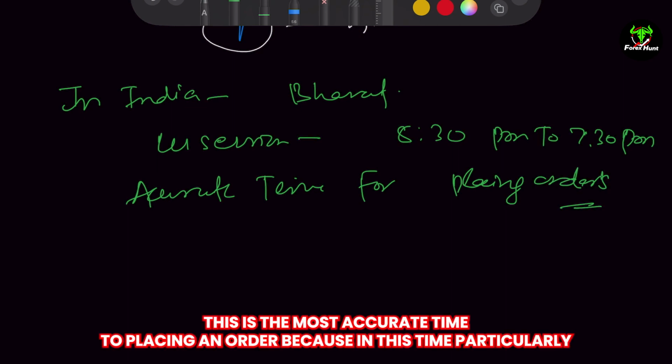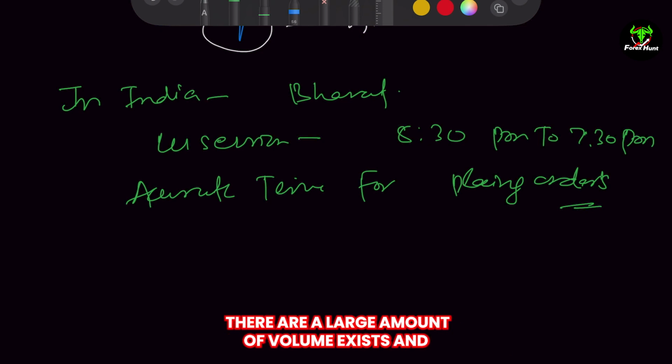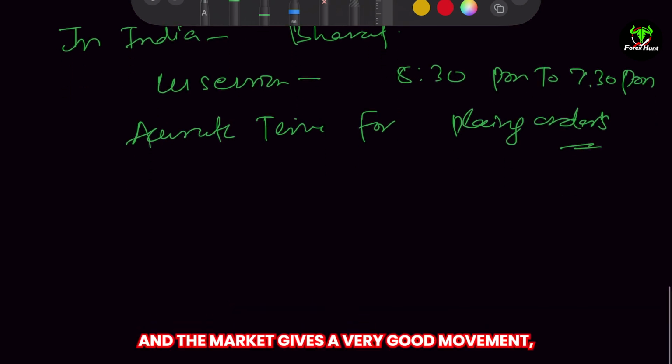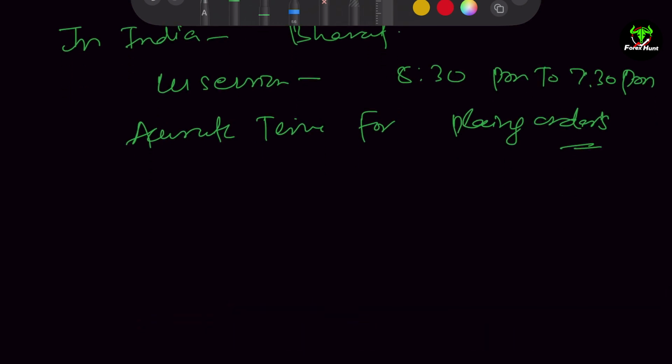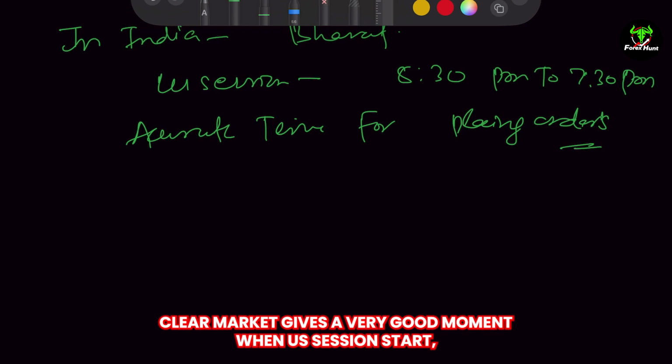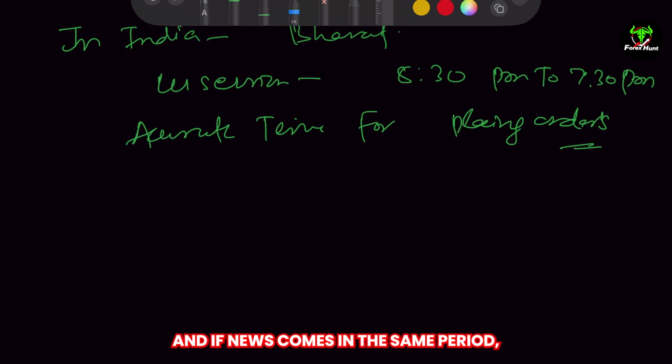It is the most accurate time because in this period there is a large amount of volume, and maybe some news comes that causes the volume to rise, and the market gives a very good movement. Market gives a very good movement when the US session starts, and if news comes in the same period, it will give a boost to your orders.